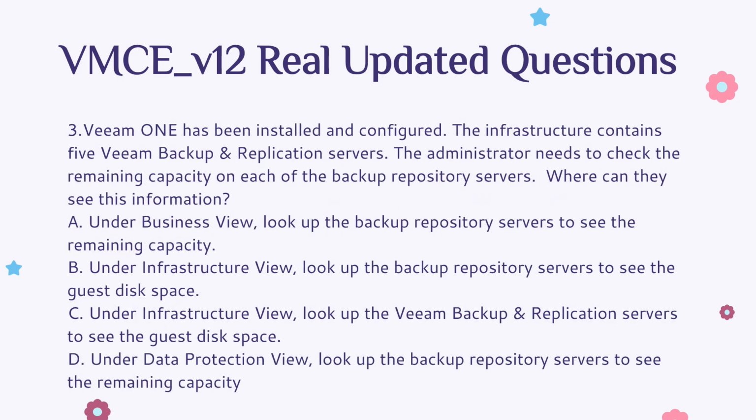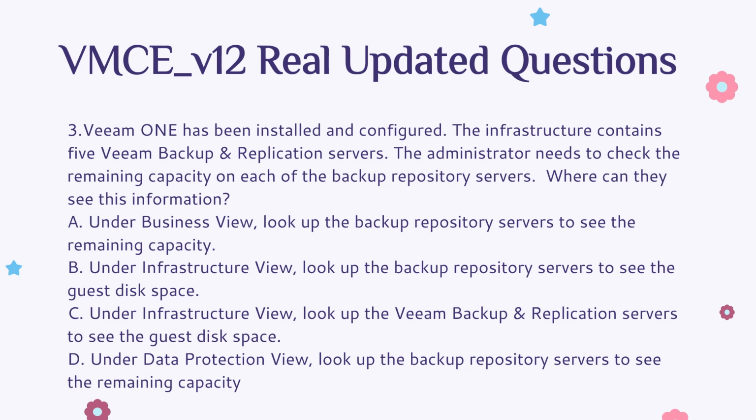3. Veeam ONE has been installed and configured. The infrastructure contains 5 Veeam Backup and Replication servers. The administrator needs to check the remaining capacity on each of the backup repository servers. Where can they see this information? A. Under Business View, look up the backup repository servers to see the remaining capacity.